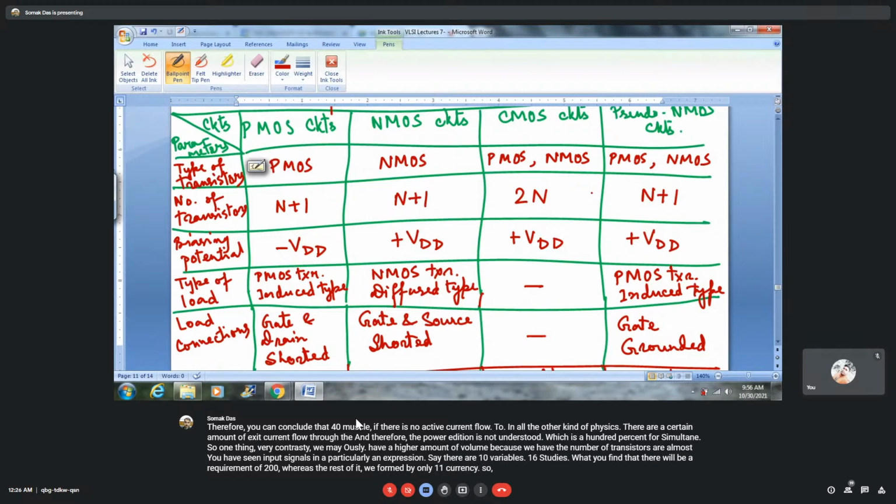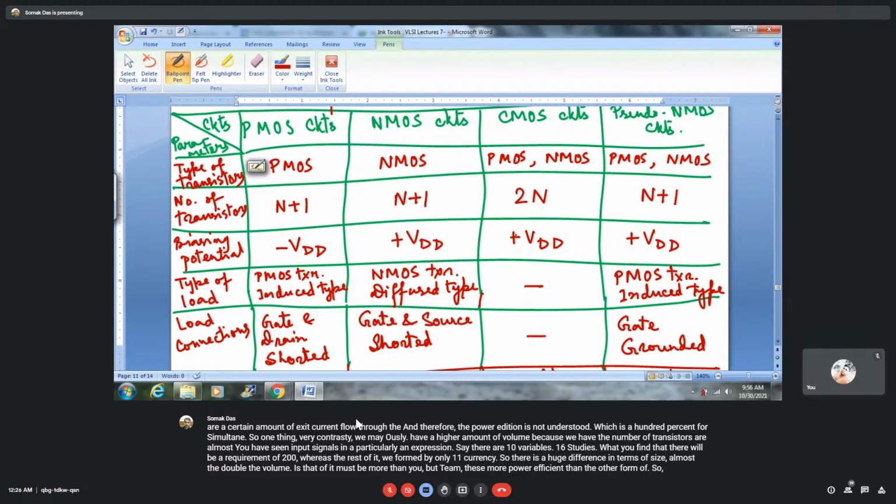So there is a huge difference in terms of size. CMOS will be almost double the volume of the others. But still, it is more power efficient than the other forms of circuit.